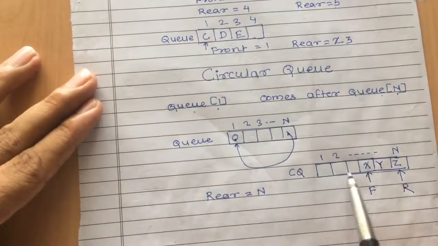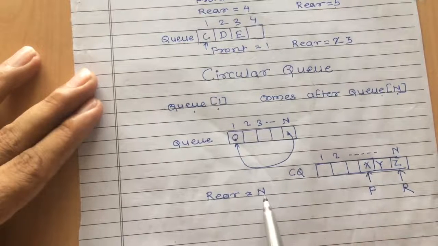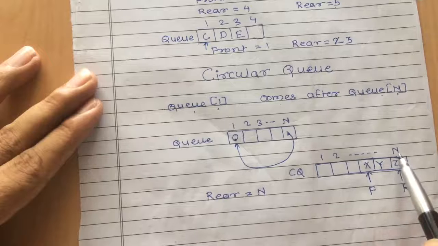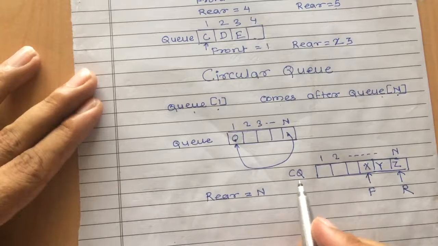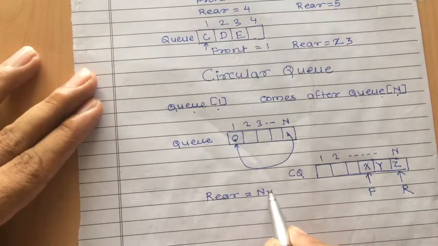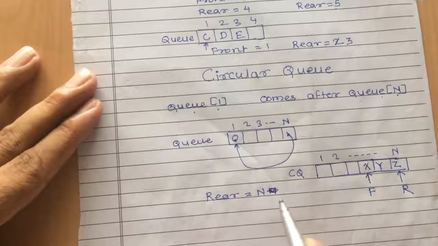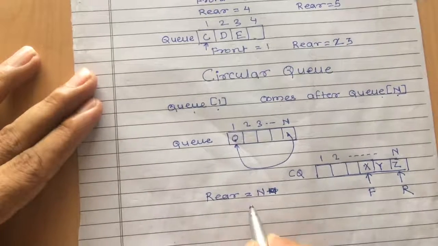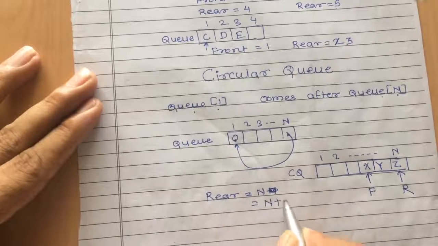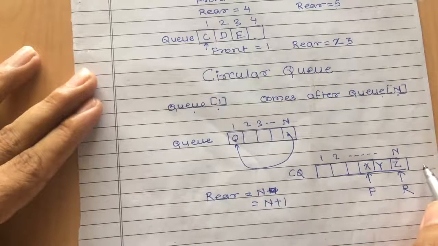Now as we have space to insert an element in this queue, but as I said, maximum we can insert n elements. So if I want to insert one more element in this, what I have to do is simply increase the value of rear by 1. Initially rear was equal to n. Now as I have increased the value of rear by 1, my rear becomes n plus 1, but n plus 1 location is not there.